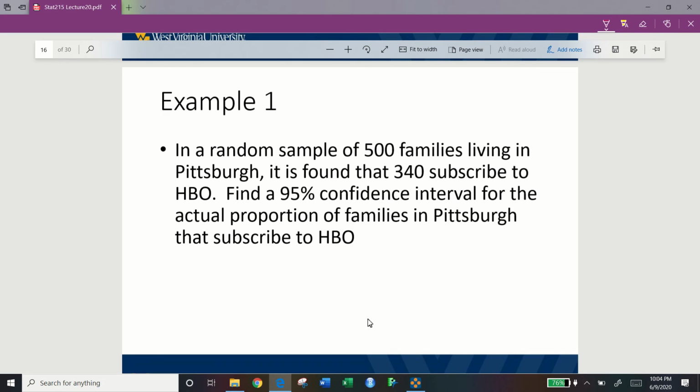That means that n p-hat is 340. And logically, without doing the math, I know that 500 minus 340, which would be our n q-hat value, is going to be obviously greater than or equal to 5. So I don't actually need to calculate it by hand to get that exact value. I just need to know that it's going to be greater than or equal to 5.